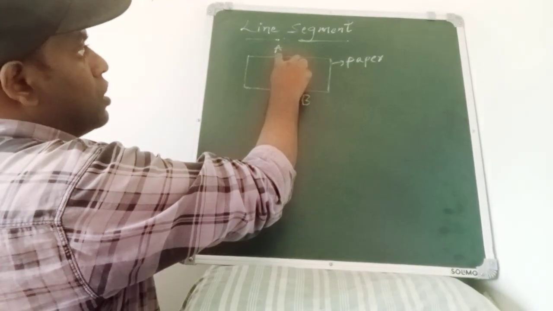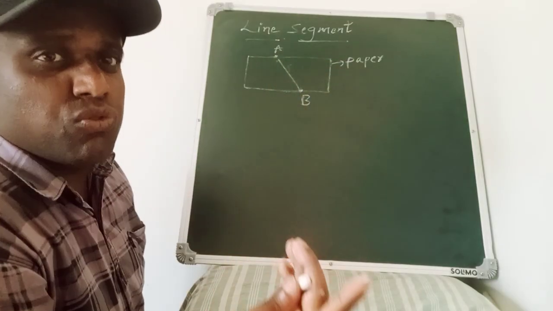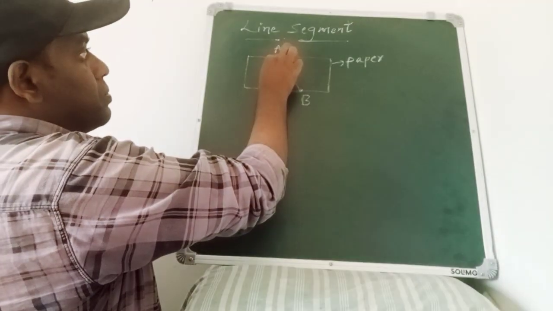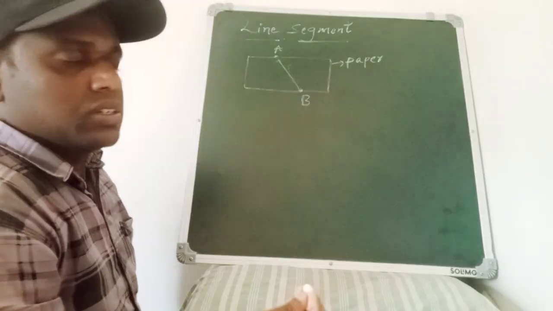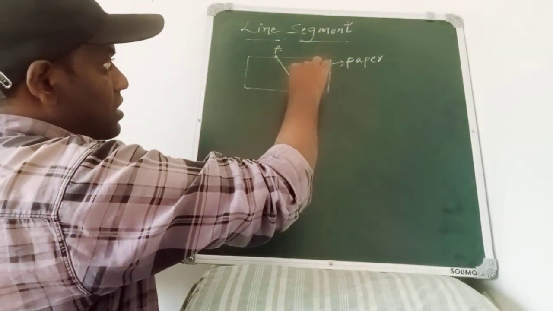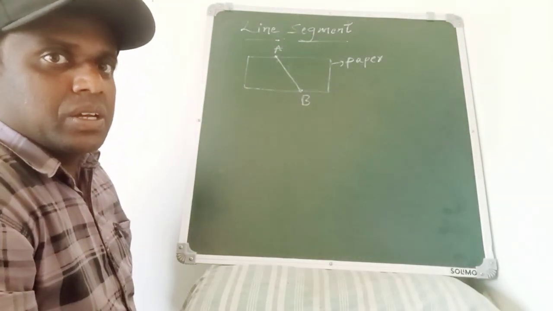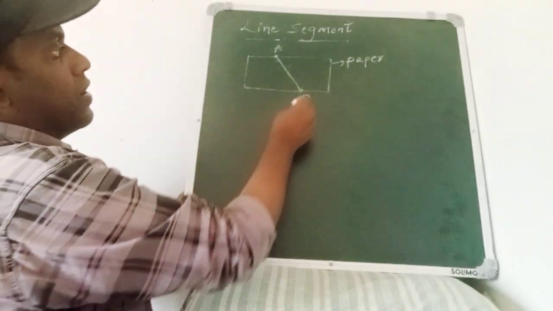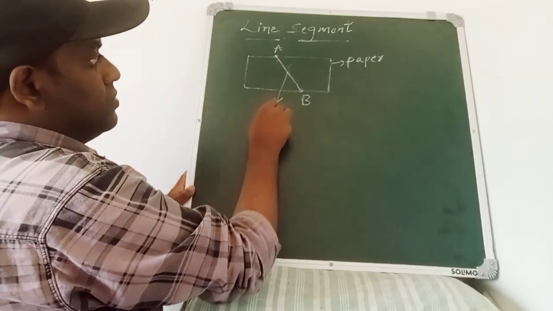If you come in this way, this is somewhat far, right? If you come in this way, this is also far. But if you come from here to here in this way, this is a very short distance, correct?